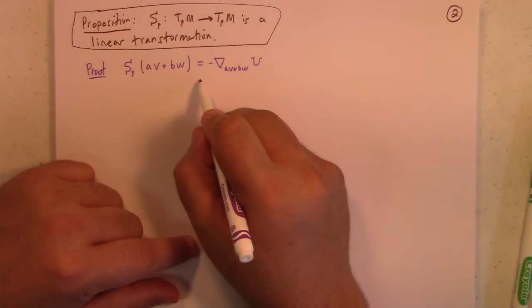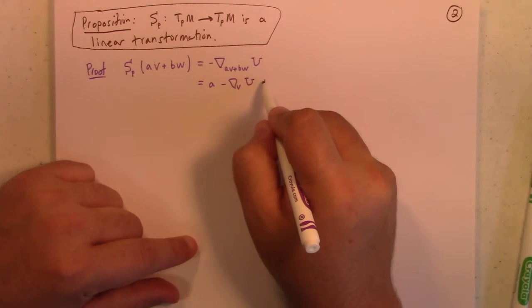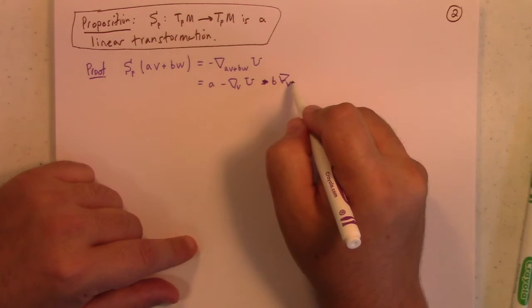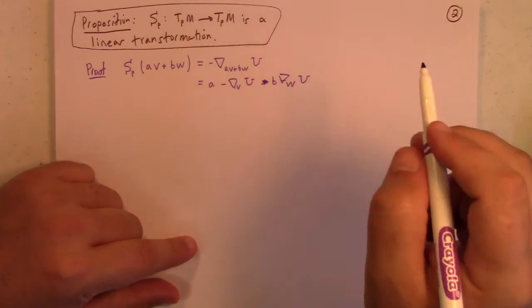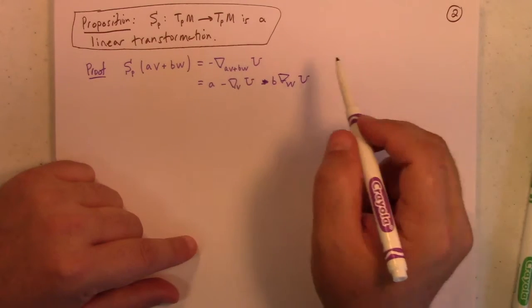And of course, that is a times minus the covariant derivative in direction V of U, plus b times minus the covariant derivative in direction W of U, using the properties of the covariant derivative.